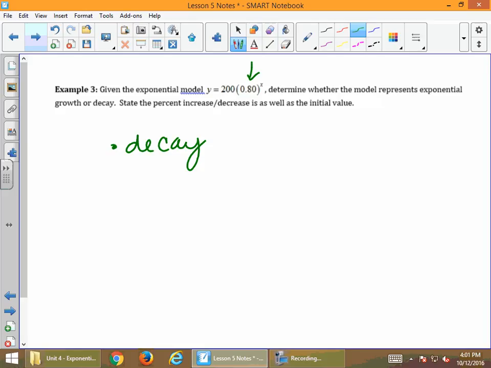Okay? The percent increase or decrease. If it's decay, you know it's a percent decrease every time. If it's growth, then it's percent increase every time. Okay? So what you're trying to figure out is, if you start from 1, how much did you go down from?